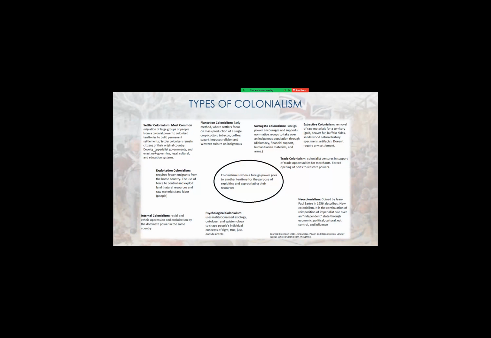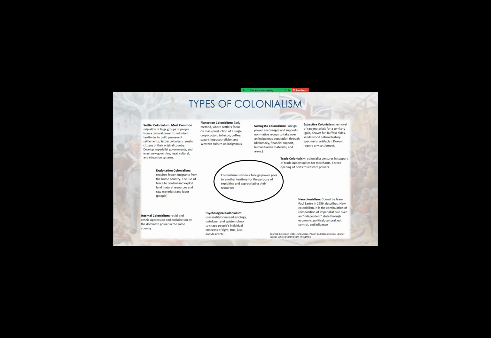Settler colonizers maintain citizenship in their origin country. They develop imperialist governments and enact new governing, legal, cultural, and educational systems. The second common type is extractive colonialism. They're not so much concerned with setting up permanent residence.